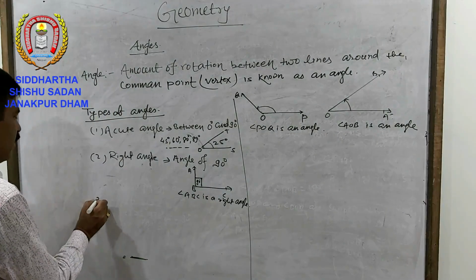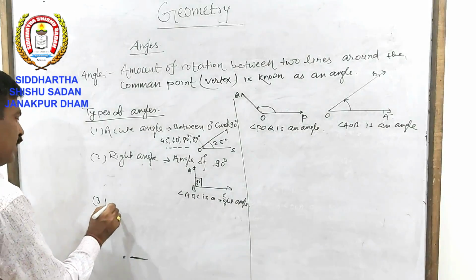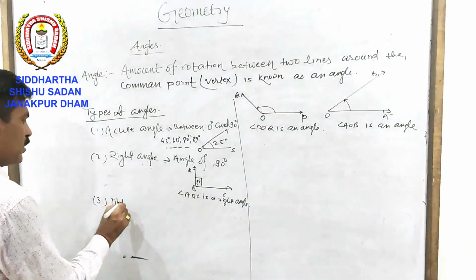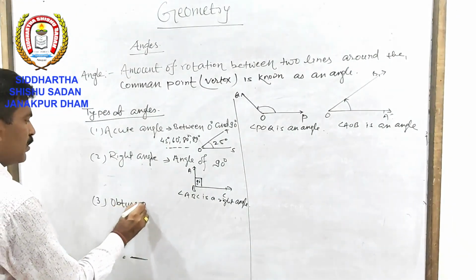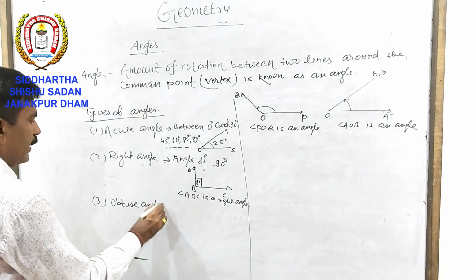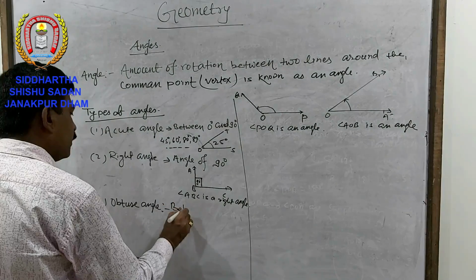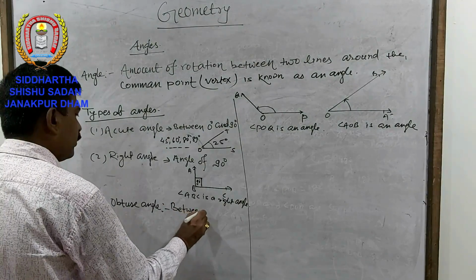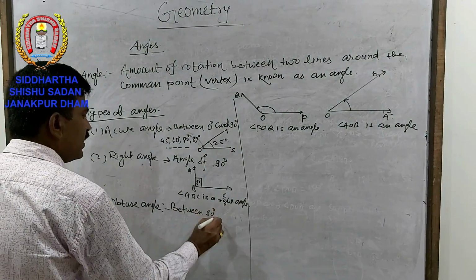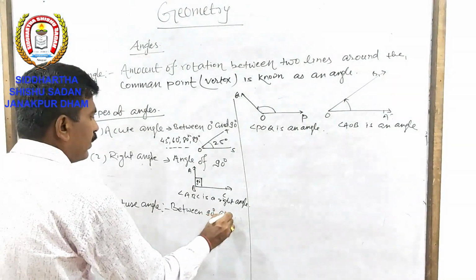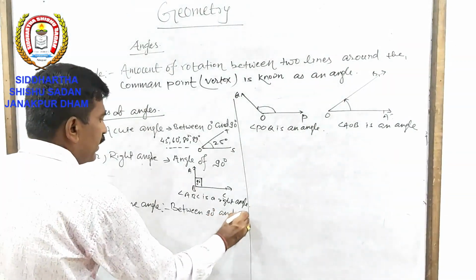Now number three is obtuse angle. Obtuse angle means between 90 degree and 180 degree.